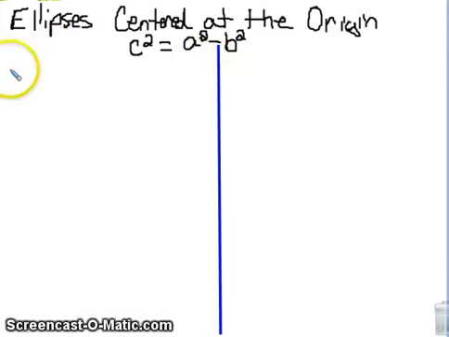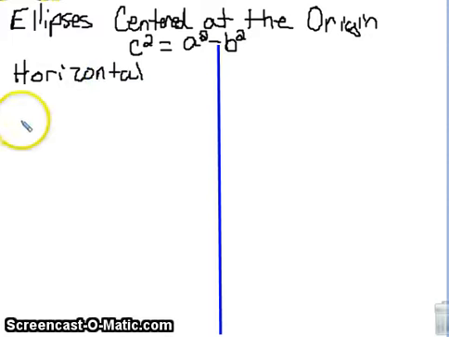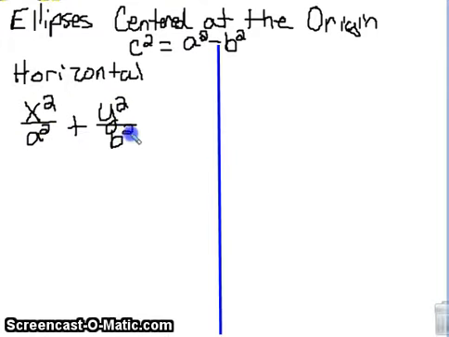If we have a horizontal ellipse, if the ellipse is horizontal, then our standard form is x squared over a squared plus y squared over b squared equal to 1.